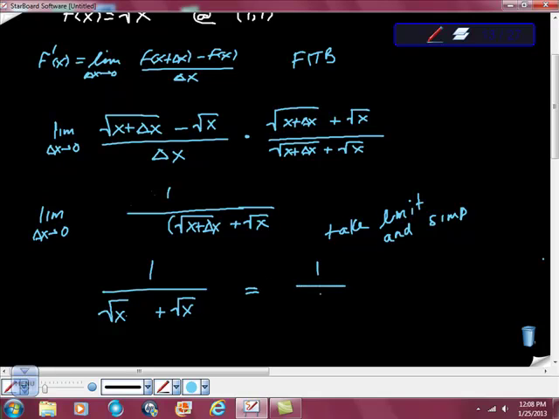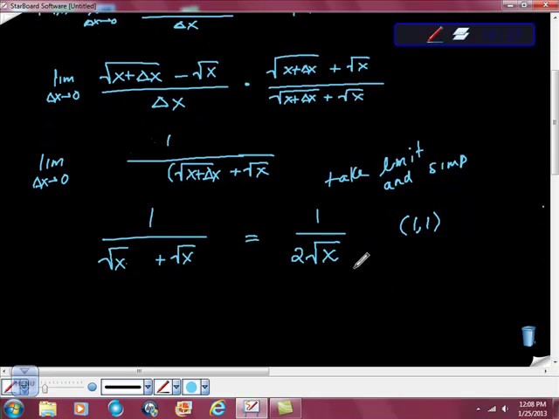So we have 1 over 2 square root of x. That's not that bad, is it? And I think we were given the point (1, 1), which would make the slope 1/2. So f prime at 1 equals 1/2.